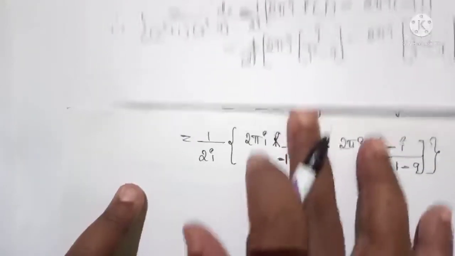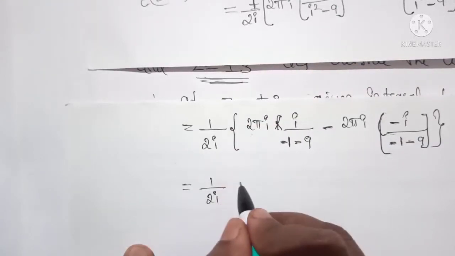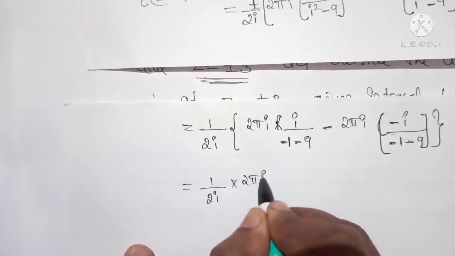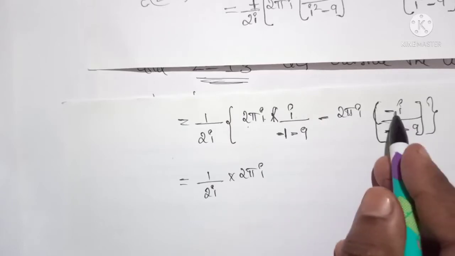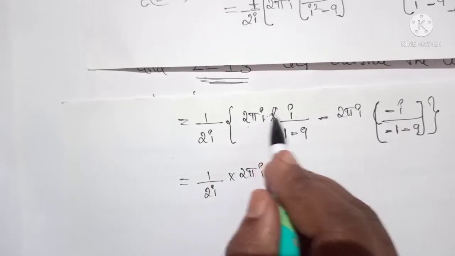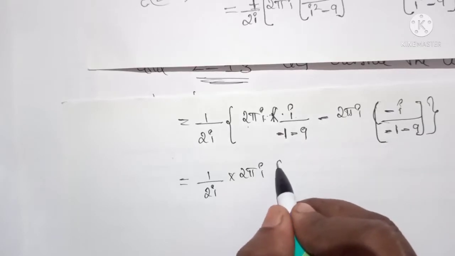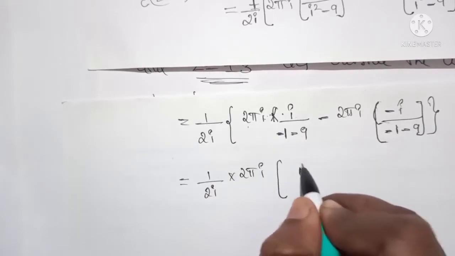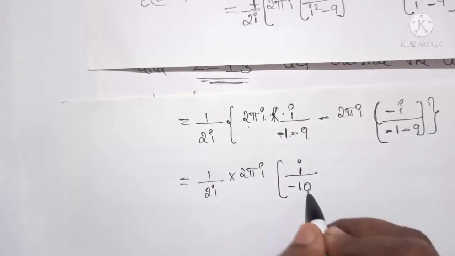So further simplifying we get 1 divided by 2i. So this 2 pi i can be taken outside. Or even i into i we get i square. So in both we have i square value, or we will take it in the next step. So here we get i divided by minus 10.